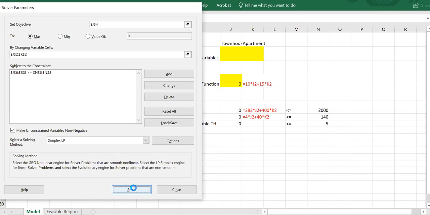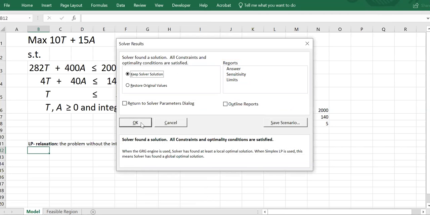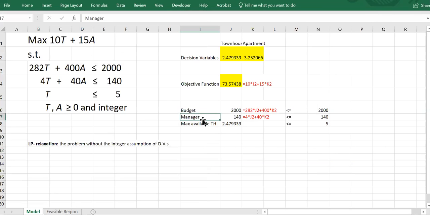So let's go ahead and solve it. I'm okay with this. So you see here, I just solved the LP relaxation. I didn't force these two to be integer. So this is the optimal answer for the LP relaxation.